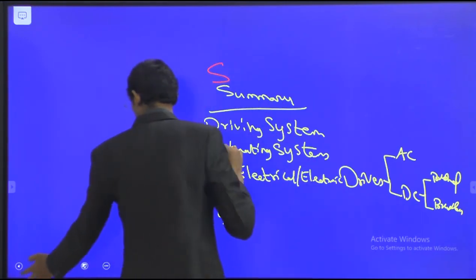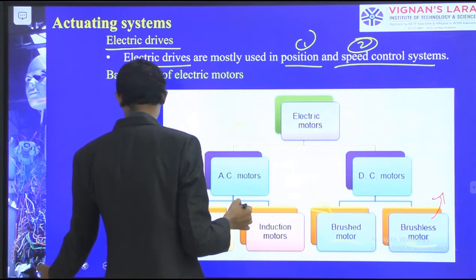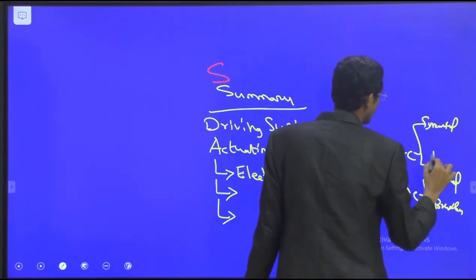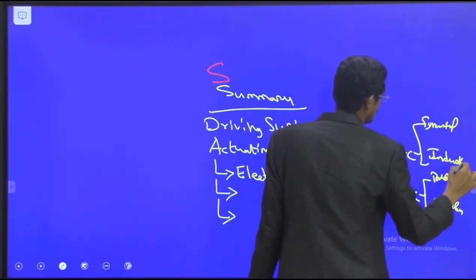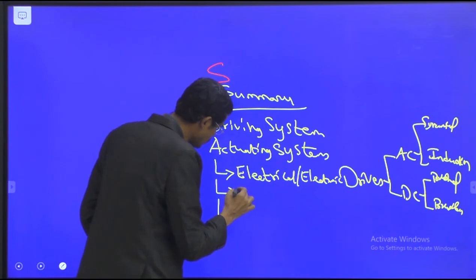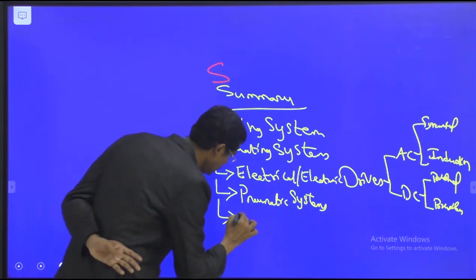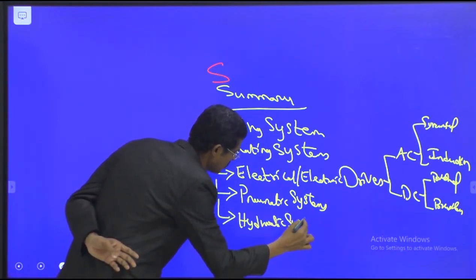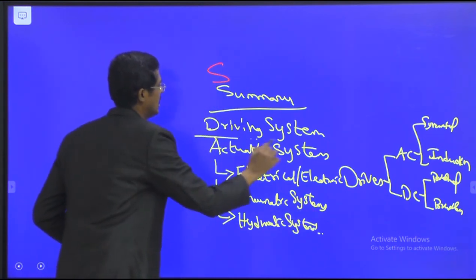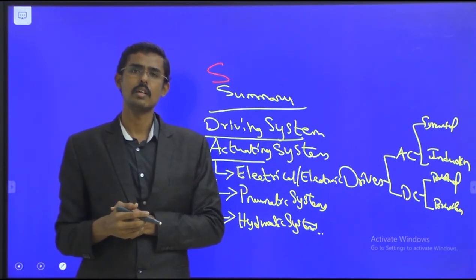In AC we have seen about synchronous and induction motors. Then the second one we have to see is the pneumatic systems, and last we have to see the hydraulic systems also. So by this we have completed one module named driving and actuating systems. The remaining part of the subject we'll see in the next session. Thank you.